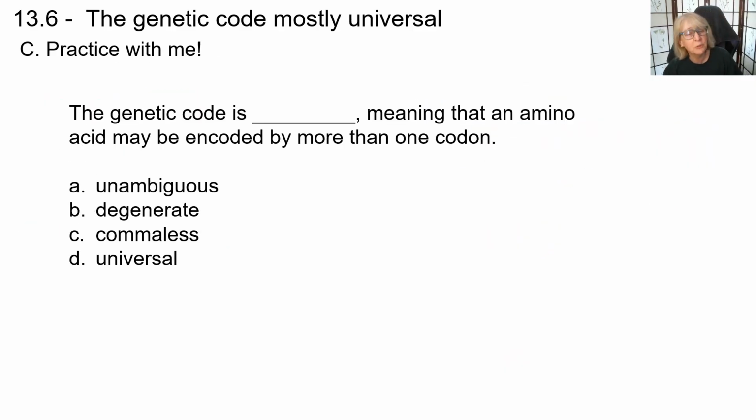So a little bit of practice with me. These words here are all words that I want you to be able to define on the exam. And this is the third exam if you're watching this a little bit early. The third exam is in April, I believe. The genetic code is blank. This means that an amino acid may be encoded by more than one codon.